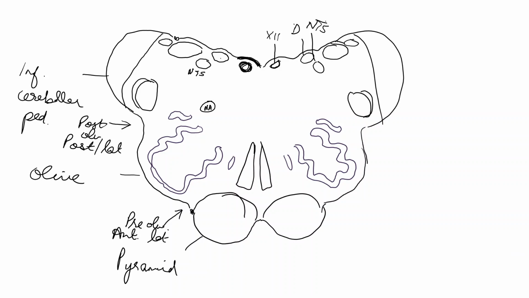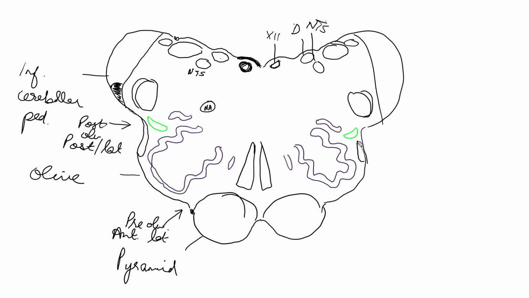right? And another important tract that we have is the lateral spinothalamic tract, right? Now, what happened to the dorsal and ventral spinocerebellar tracts? The dorsal spinocerebellar tract forms a part of the inferior cerebellar peduncle, whereas the ventral spinocerebellar tract is still separate.